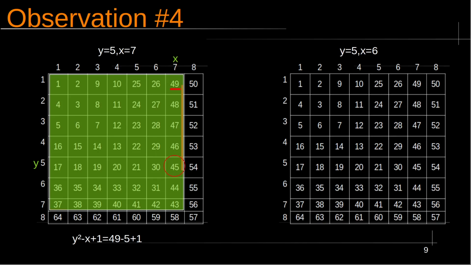Same case where x is greater than y, but now x is even, not odd. So we can use that line where we can compute 30, because the element at row 5 column 6 is 30.